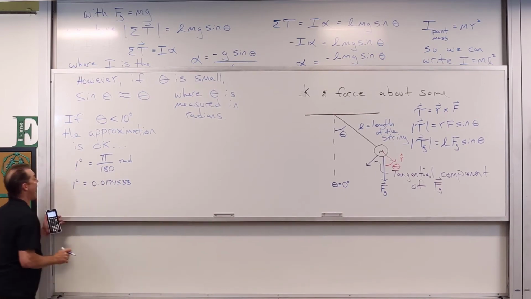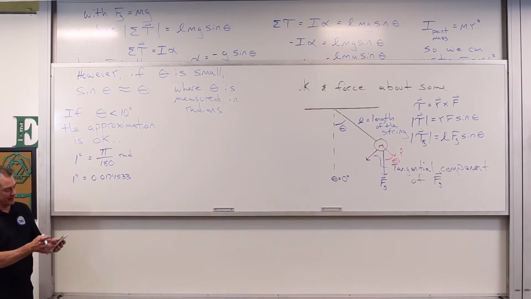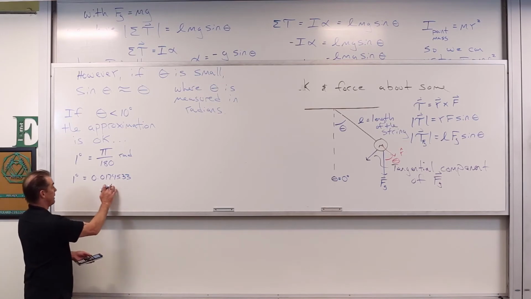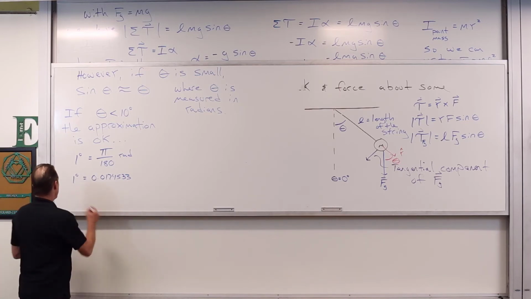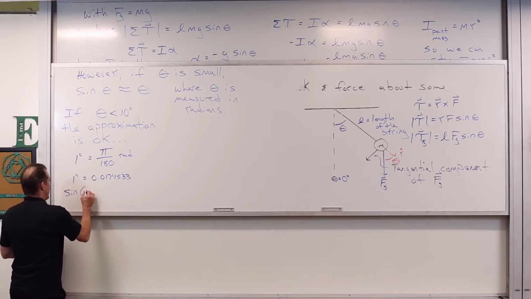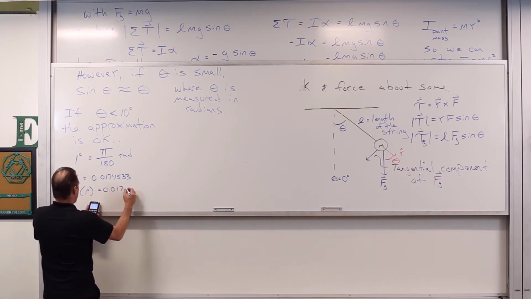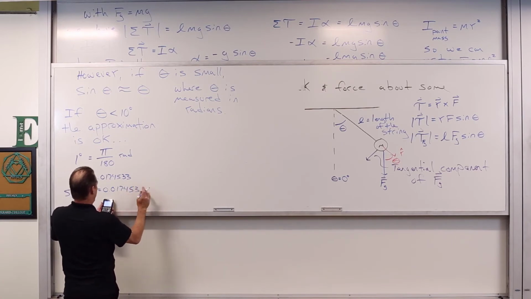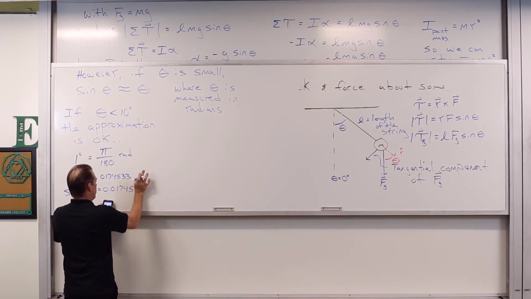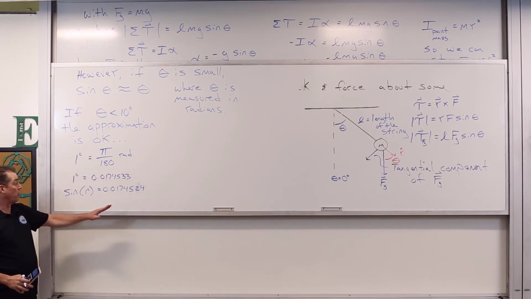Well, what's the sine of 1 degree, equivalent to the sine of this in radians? My calculator is already in radians, so I'm just going to take the sine of that value and see what I get. Sine of 1 degree is equal to 0.0174524. Those are pretty close, right?